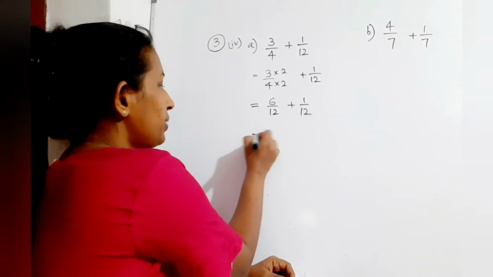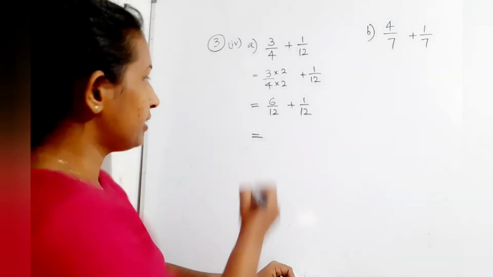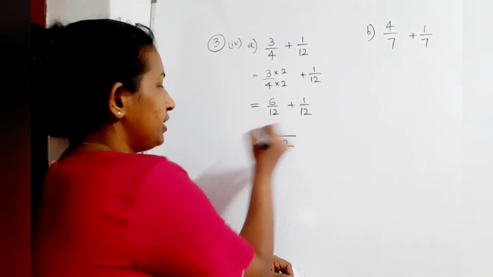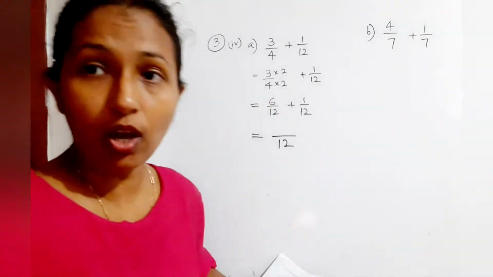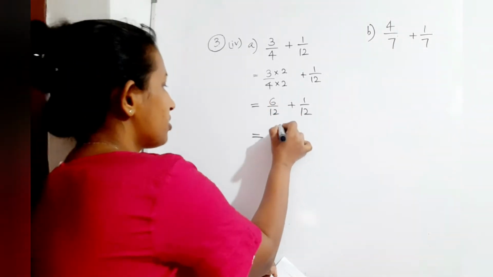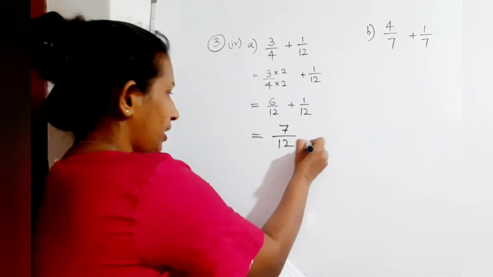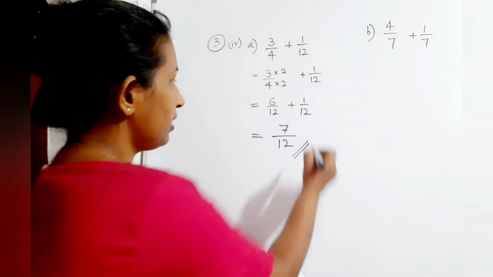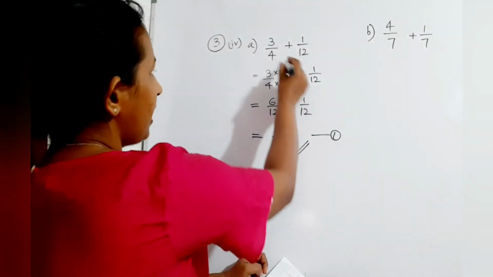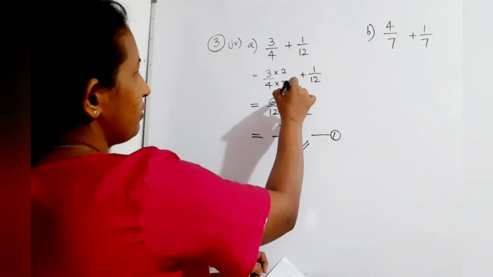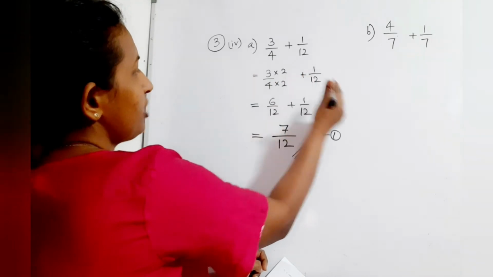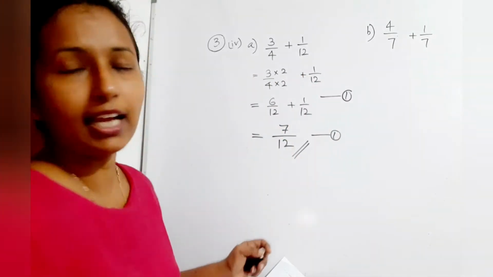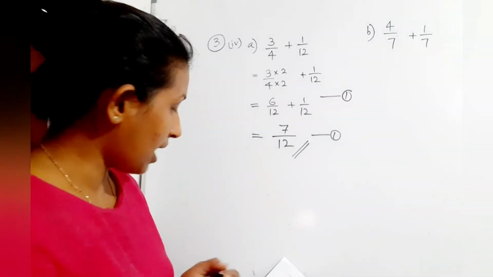Then if the denominators are equal, you can write the same denominator and only the numerators are added. So 7. Then this is the answer. You will be given 2 marks for that one. 1 mark for the answer, and to make it equal for this part or this part, you will be given 1 mark. That is how you will be given marks for that one.